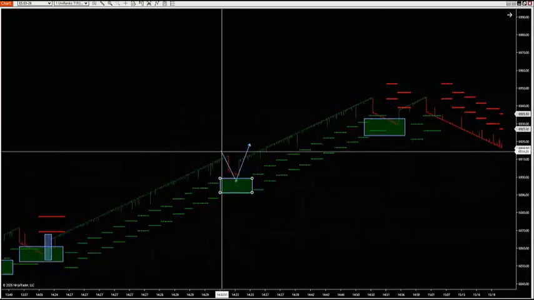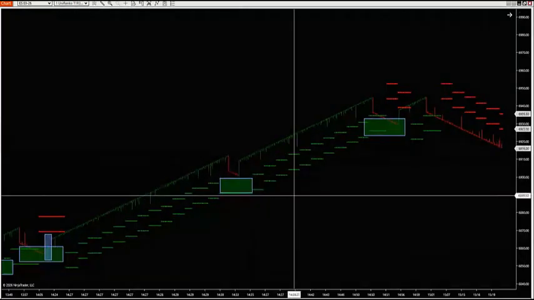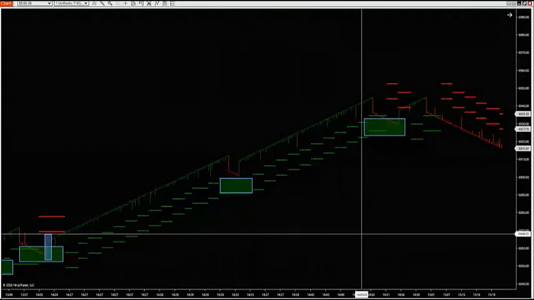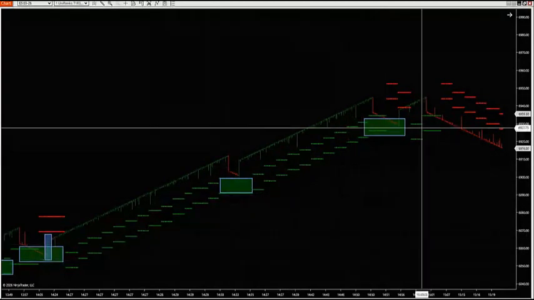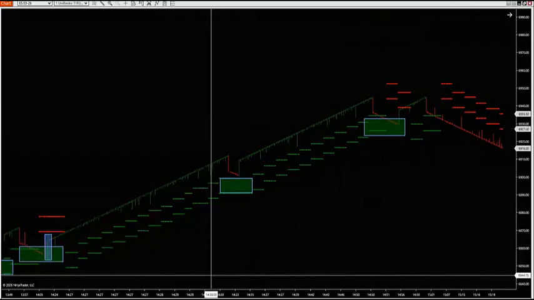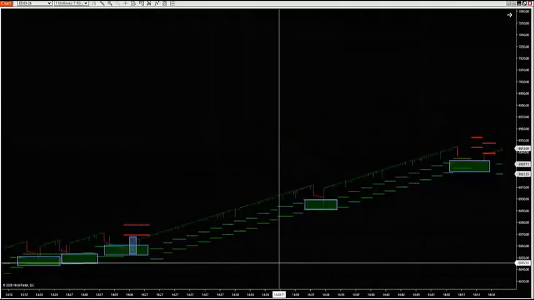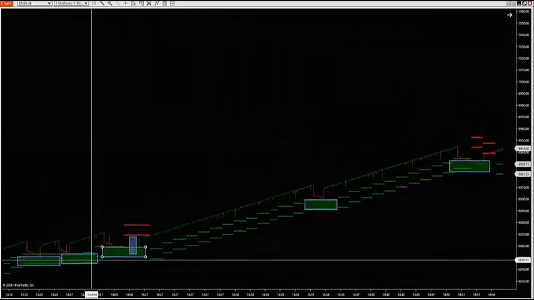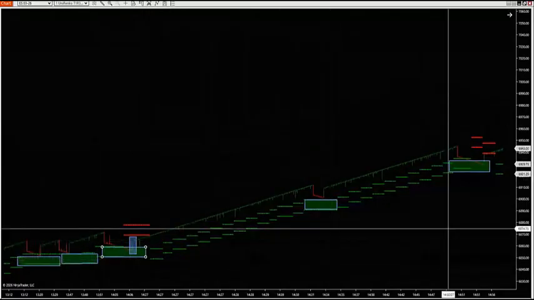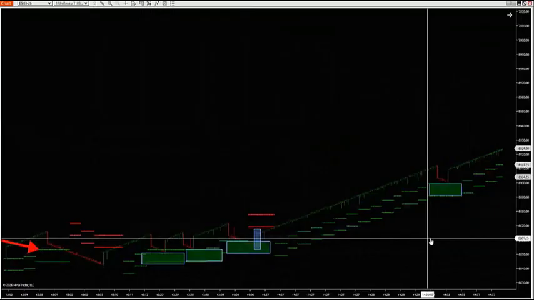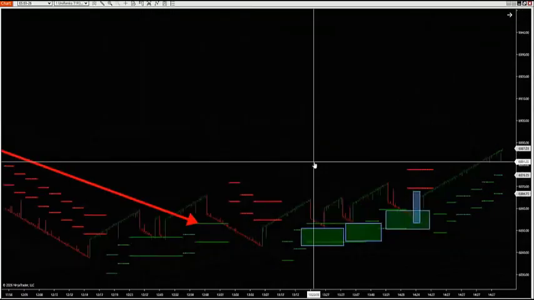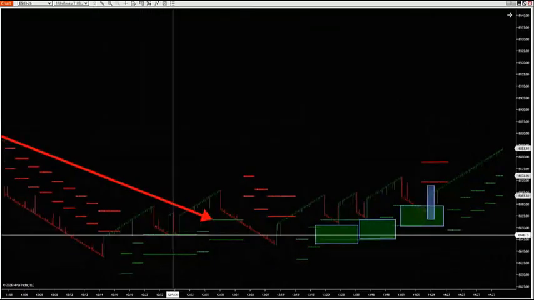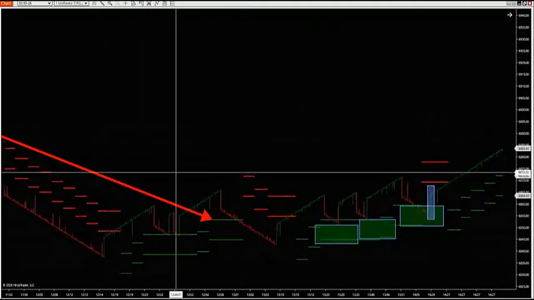We use a trend filter to see which direction we want to go to buy and sell the zones. But look how the market is reversing inside of these buy and sell zones. Reversal, reversal, reversal, reversal, reversal. On the sell side too, when there's a buy side reversal, right at the zone, reversal.